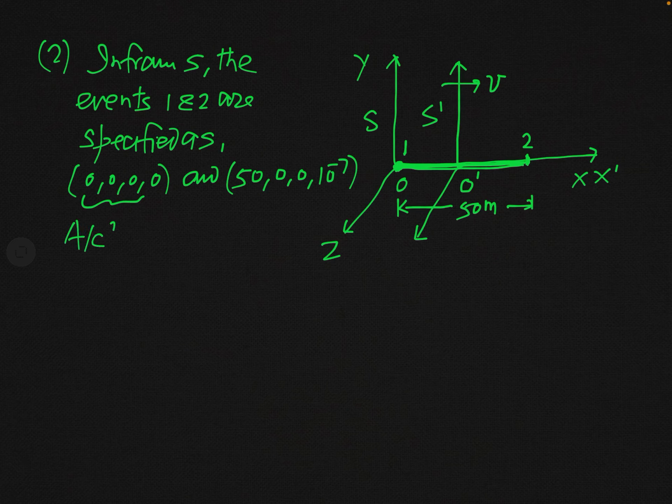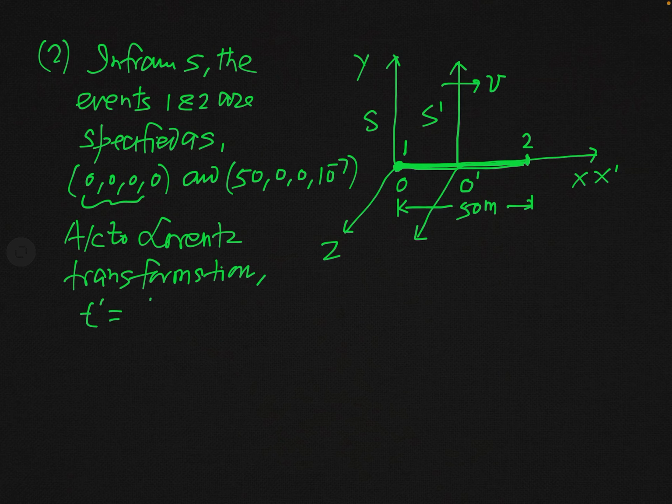So according to Lorentz transformation, you know, for time the Lorentz transformation is t prime equal to t minus v by c square into x, divided by root over 1 minus v square by c square.